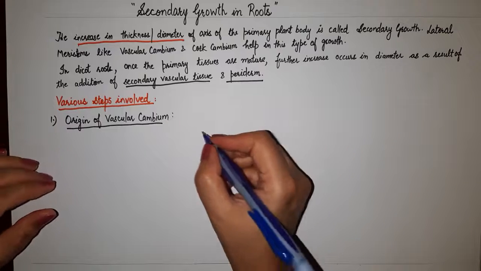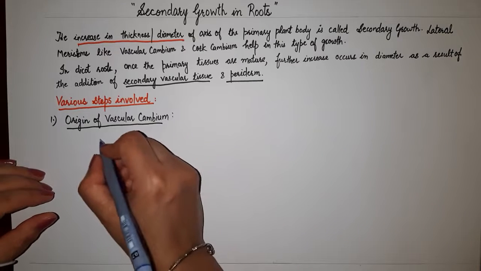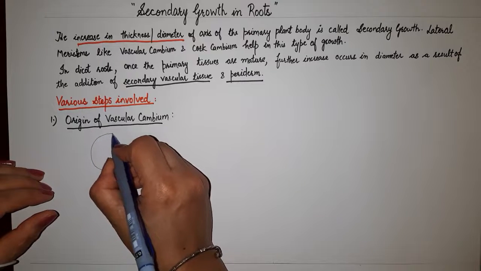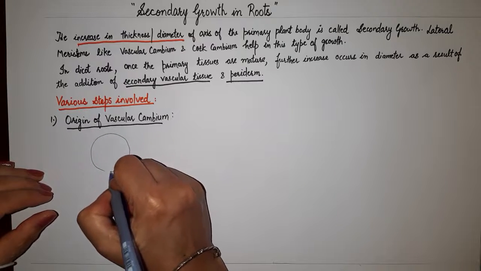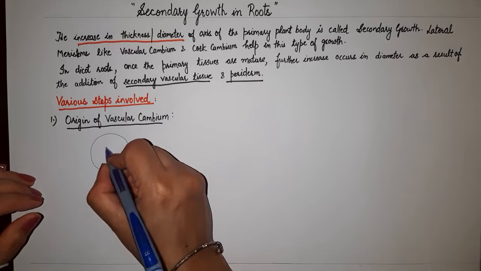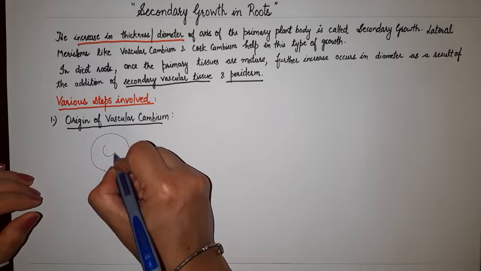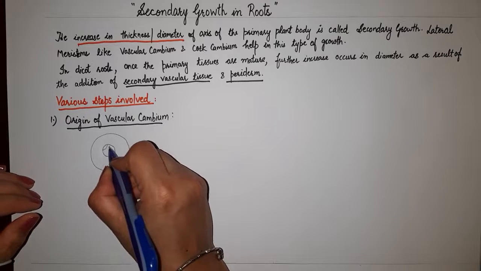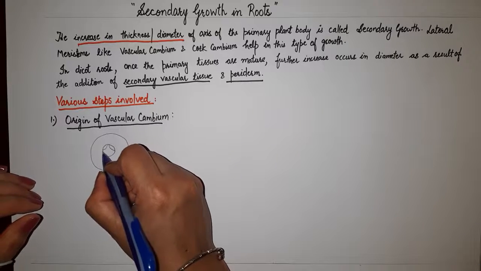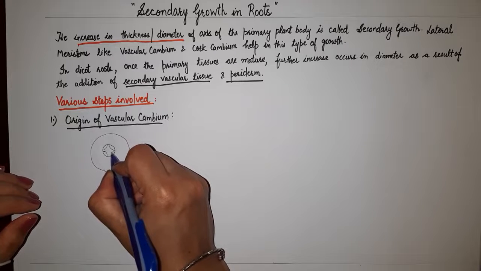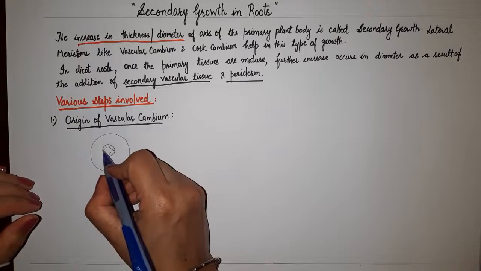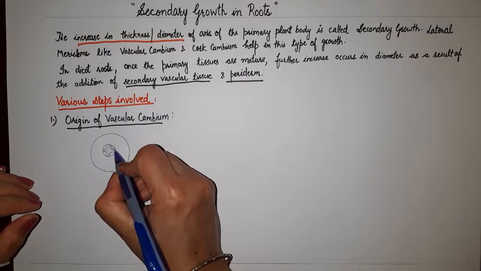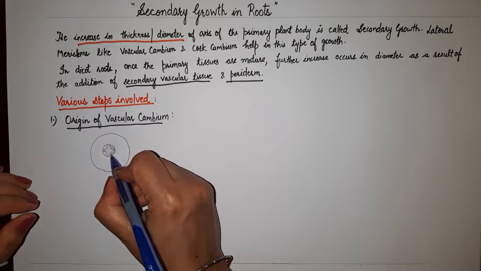Okay. So, initially when you look at a structure of a root, let us suppose this is the cross section of the root. In the center we have stellar region, in which there is present xylem, and alternate patches of phloem.